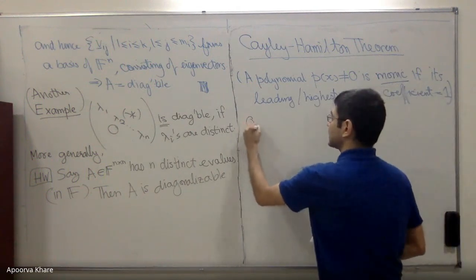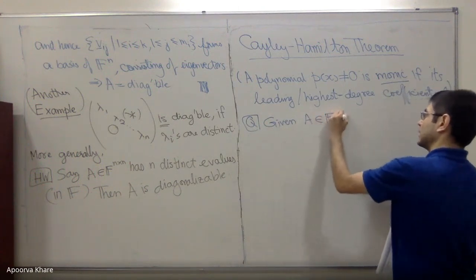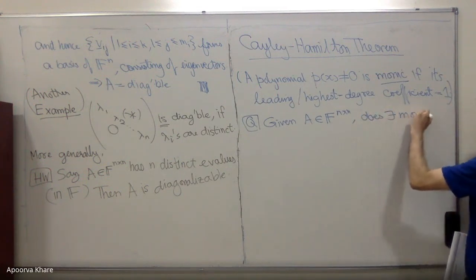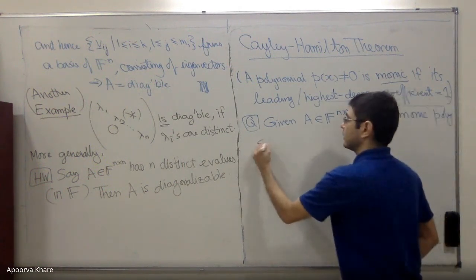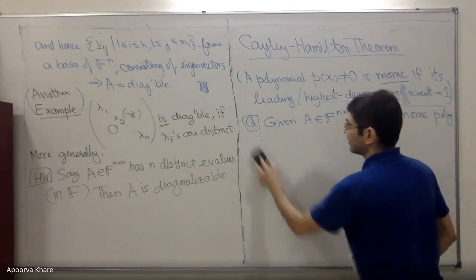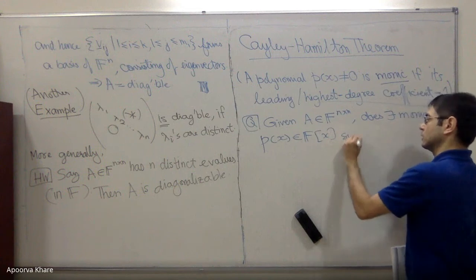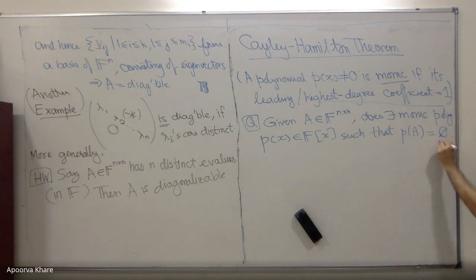The question is really that, as I said, given A belonging to F to the n cross n, does there exist a monic polynomial, let's call it P belonging to F[x], such that P of A is 0?